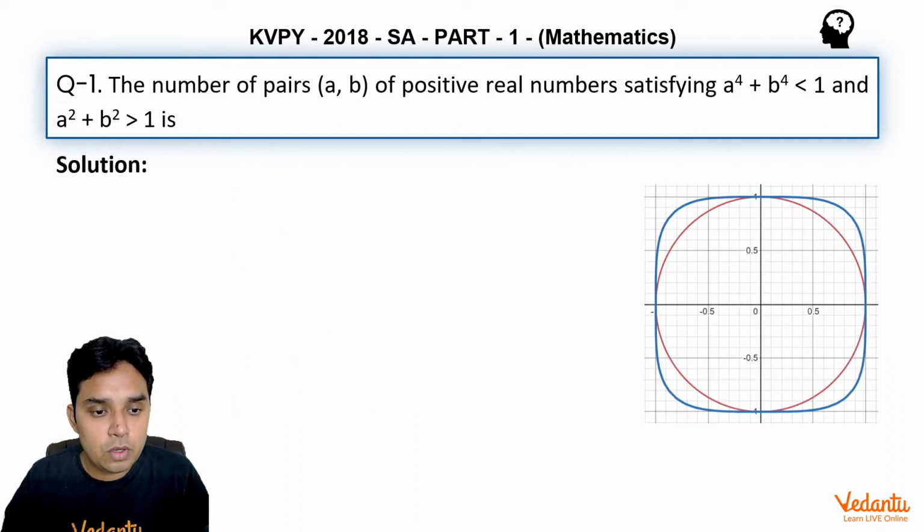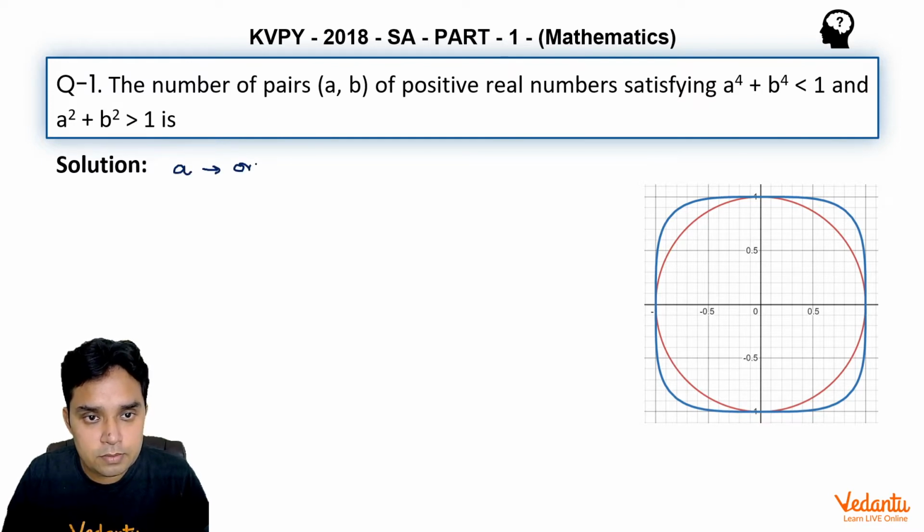Okay, now to solve this question, let us assume that this number A is lying on x-axis and B is lying on y-axis.